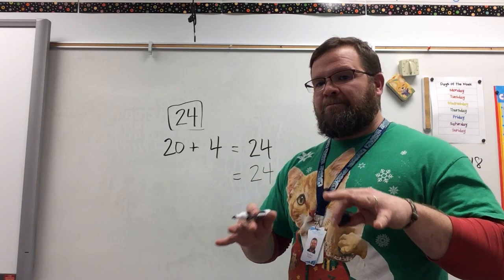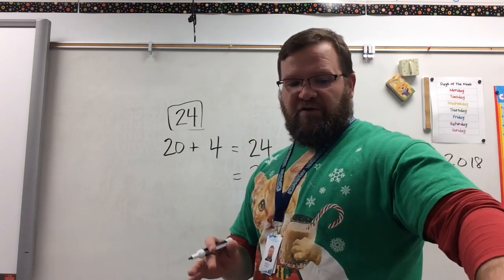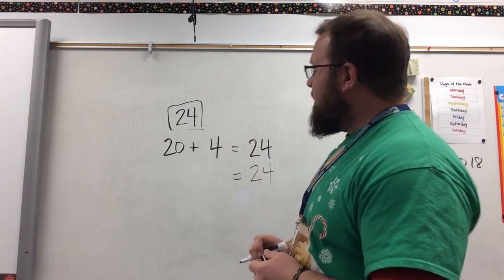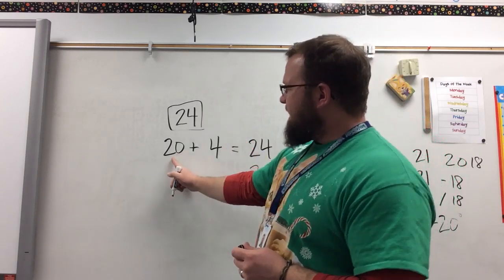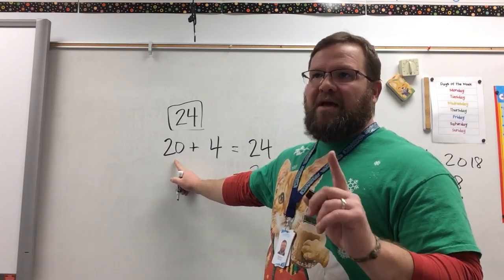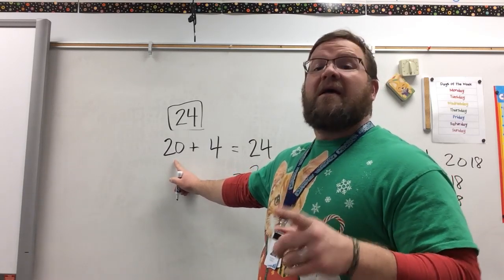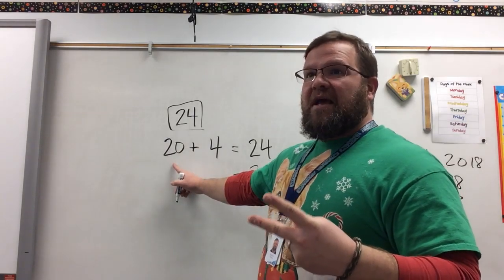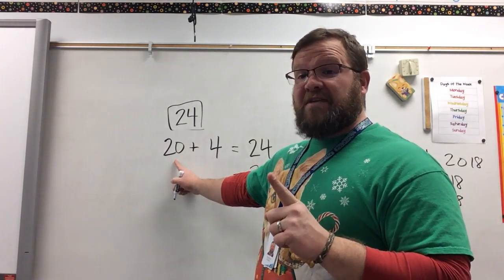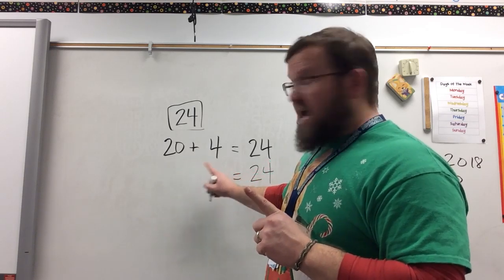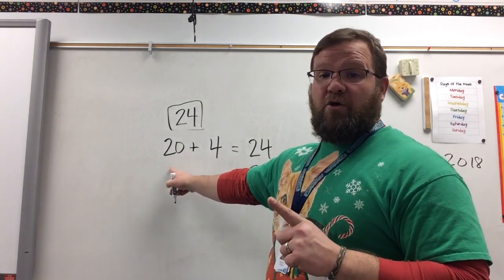What we're doing, and this is not number one on the front of your paper or anything like that, we'll make a new number for that. But for this example, I know that 20 is how many tens? How many tens is 20? 2. There are 2 tens in 20. And so I can borrow one of those tens, put it with my leftovers, and I still have one of my tens over here.